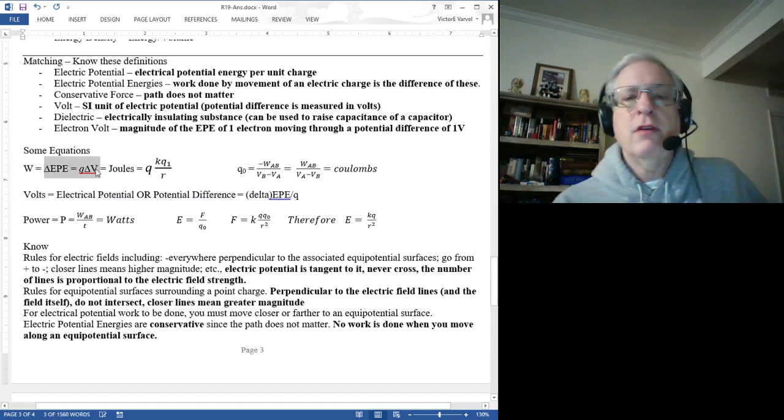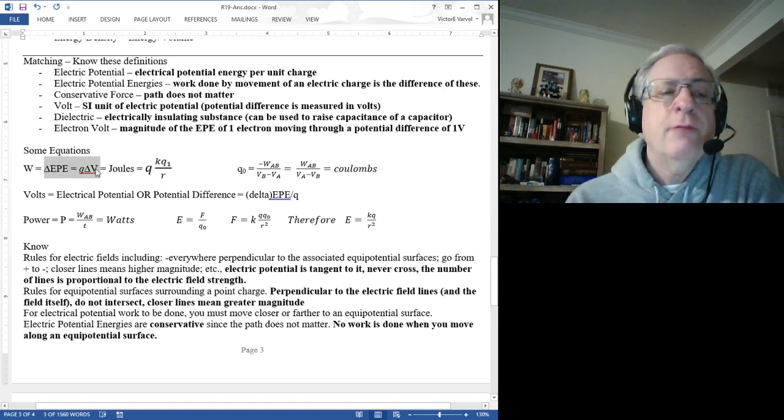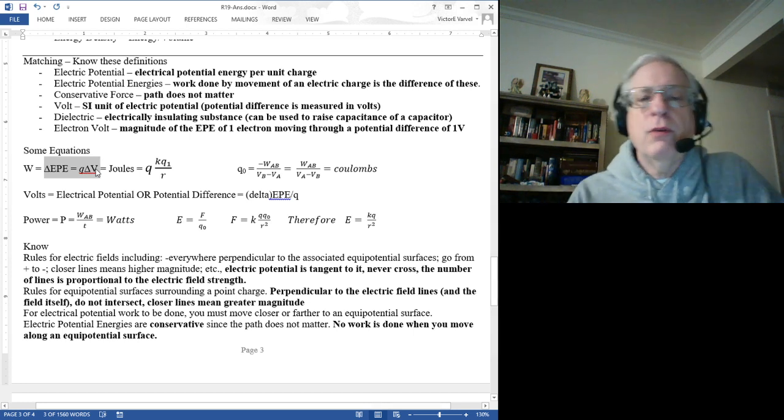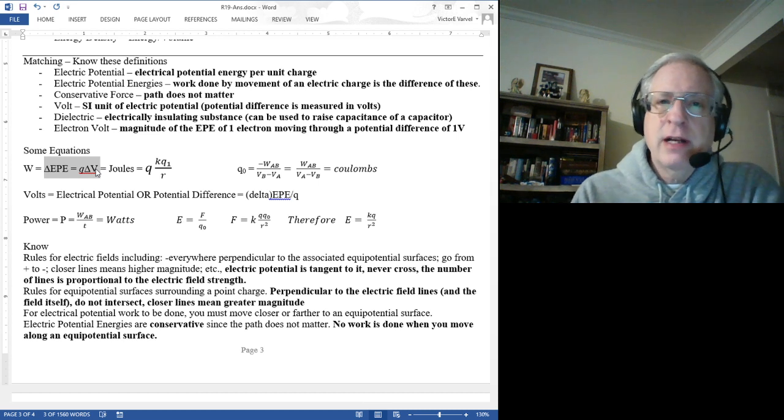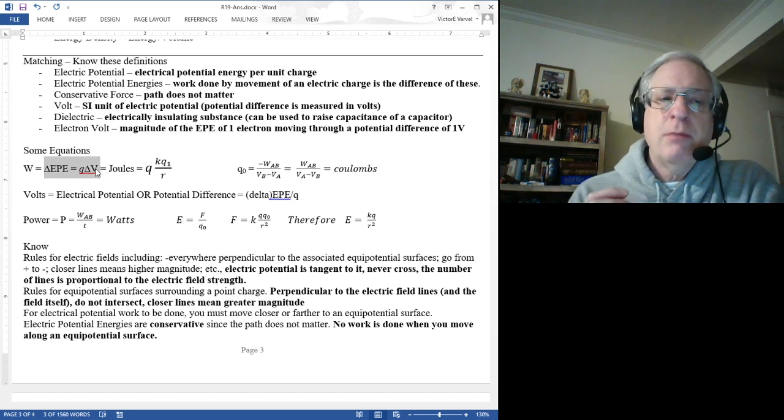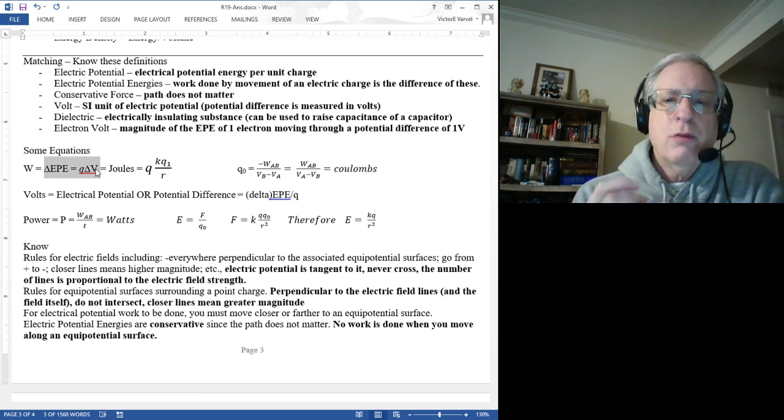And that's what voltage is. Voltage, electrical potential, is what we measure as volts. Electrical potential energy is an energy and it's measured in joules. Energy per coulomb, joules per coulomb, is a volt.